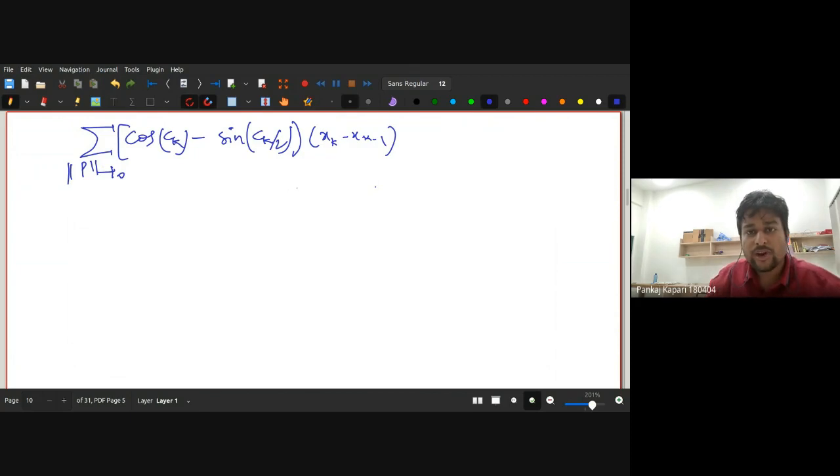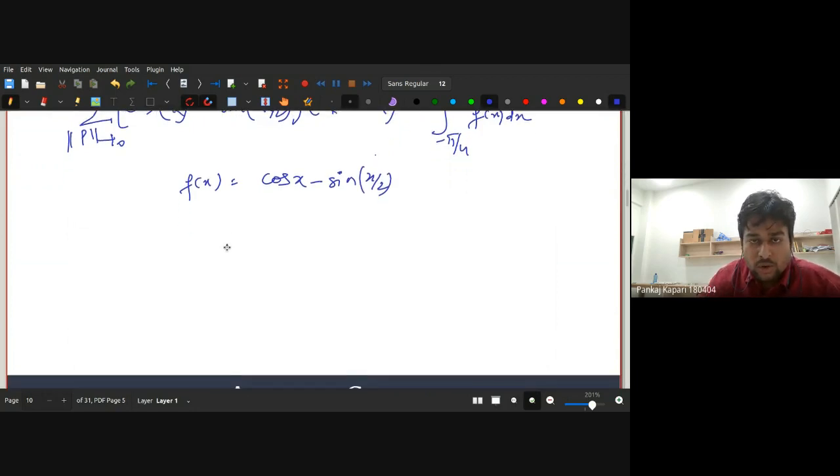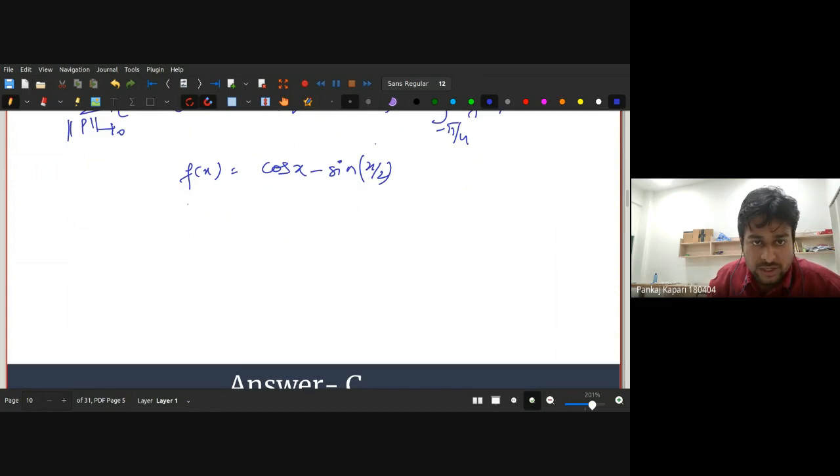We have seen that this limit is just the integral from minus pi by 4 to pi by 4 of the function f(x). Okay, and what is the function? This function was cos x minus sin x by 2. Now we already know an antiderivative of this function, right?